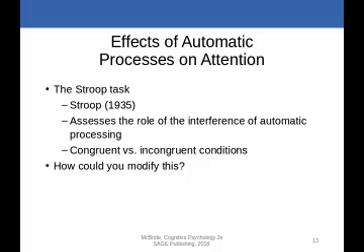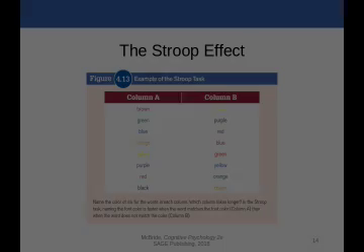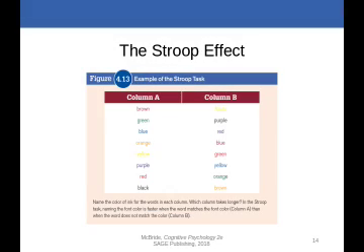Essentially, it's a task where you're asked to read the color of words. So for example, you've got the word BLUE written on the screen, and then you've got the word RED written on the screen.